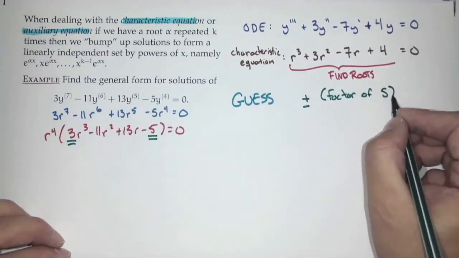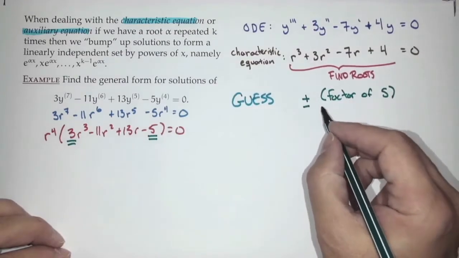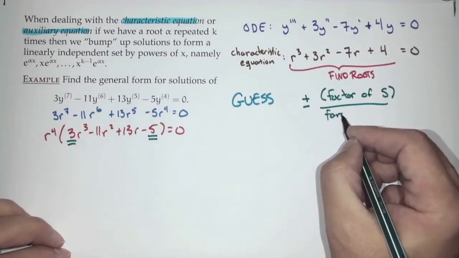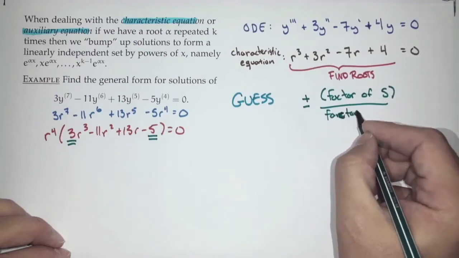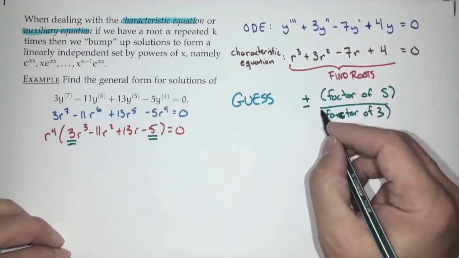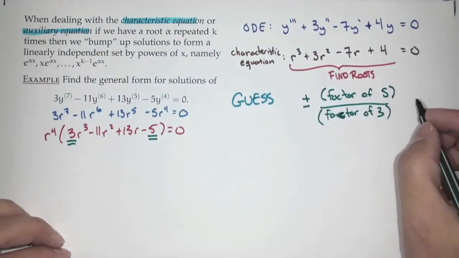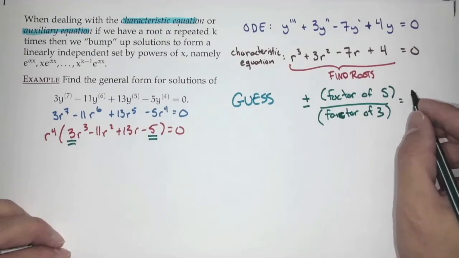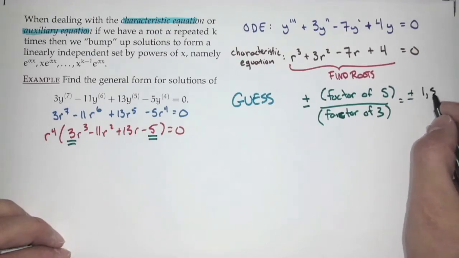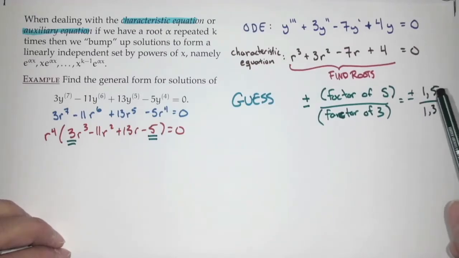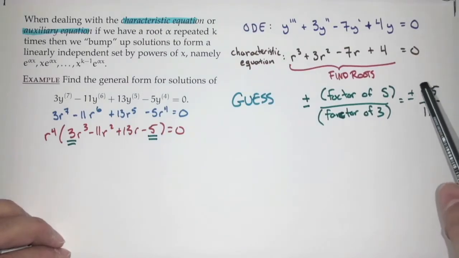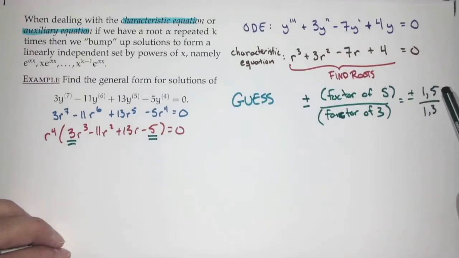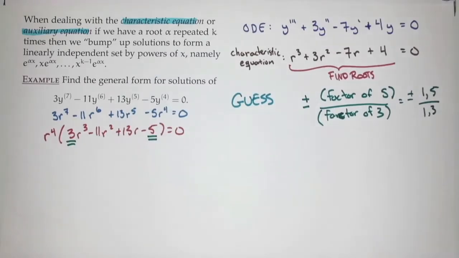So I'll say it's a factor of 5. Divided by a factor, I can spell factor, of your leading digit, leading coefficient, I should say. So, in other words, either 1 or 5 on the top, or 1 and 3 on the bottom. So this says you could have 1, -1, 1/3, -1/3, 5, -5, 5/3, or -5/3. Those are the only nice roots that are possible. So these are the guesses we make.